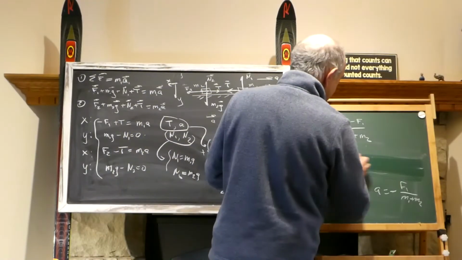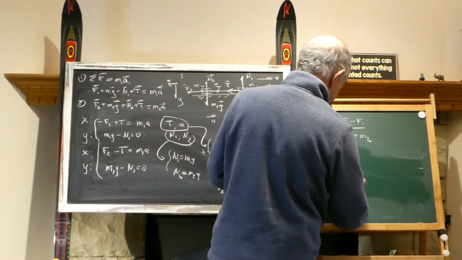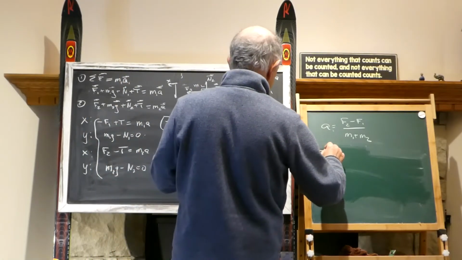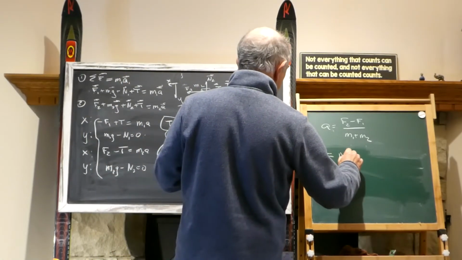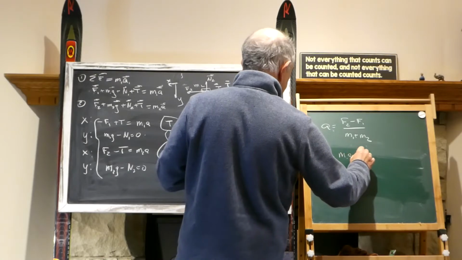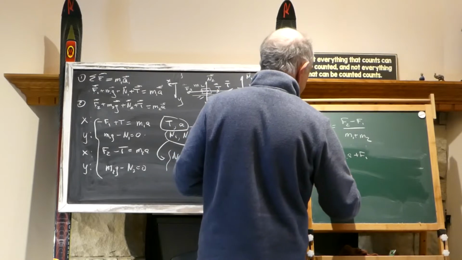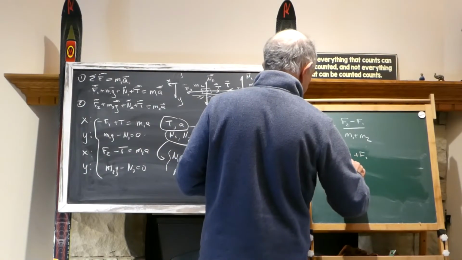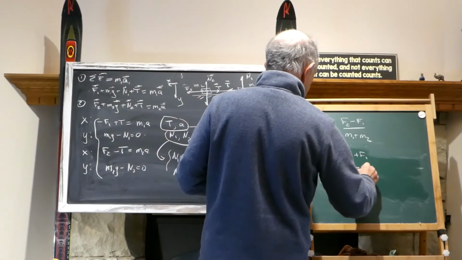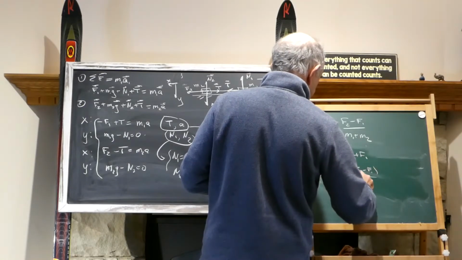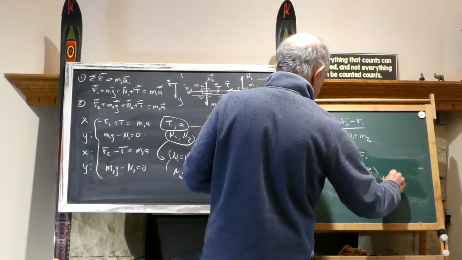And the only thing that's left, and let's do it, is about T. For example, from here, T equals M1 A plus F1. And if we put in A, it would be M1 times F2 minus F1 divided over M1 plus M2, plus F1.